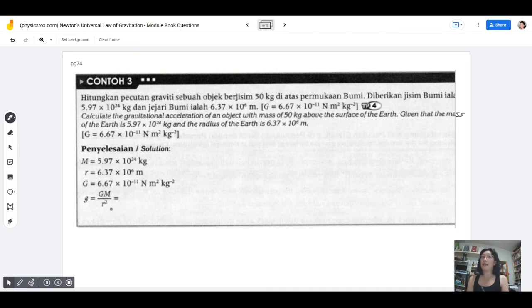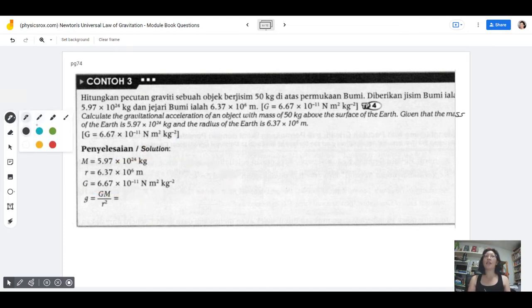Because this is an example question, again, they've given us a list as well as a formula that you can use. So the formula to calculate the gravitational acceleration is g equals GM over R squared, where G is the gravitational constant, M is the mass of Earth, and R is the radius of Earth. So that's why they've given this list over here, which is also taken from the question.